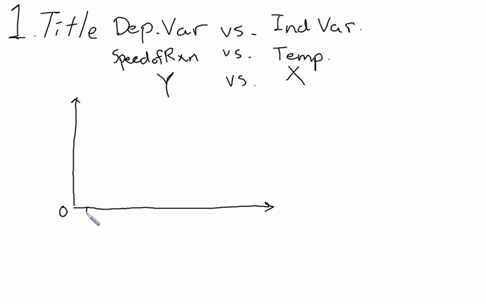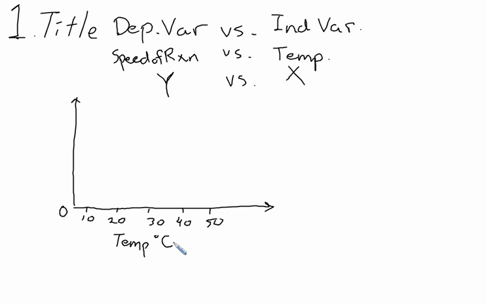So in this case, I'm going to go by 10s, and try to keep the spacing in between even. And you must always label your axes. So in this case, it'll be temperature, and we're going to use degrees Celsius. Those are my units.